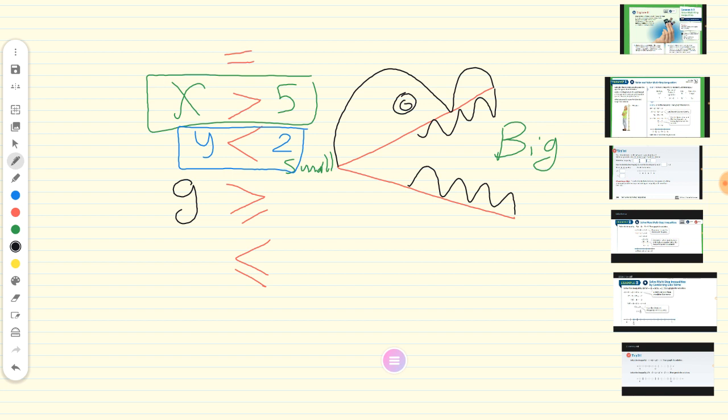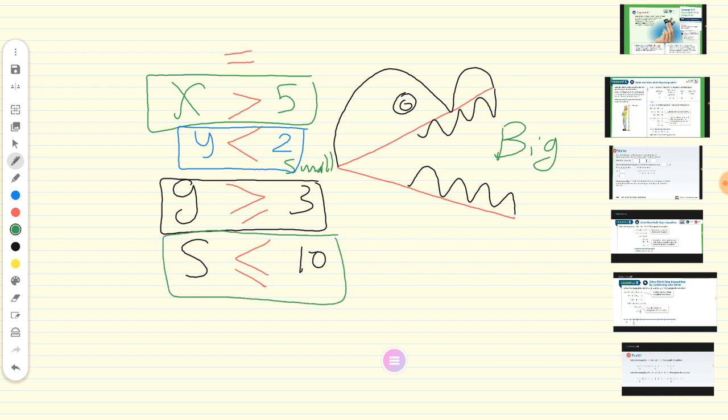G greater than or equal to 3, which means it may equal 3 or be greater. And the other side, S less than or equal to 10. That means S is smaller than 10 and may equal 10. So when you are on the side of the tail, say smaller than. When you are facing the mouth of the crocodile, you will say greater than.